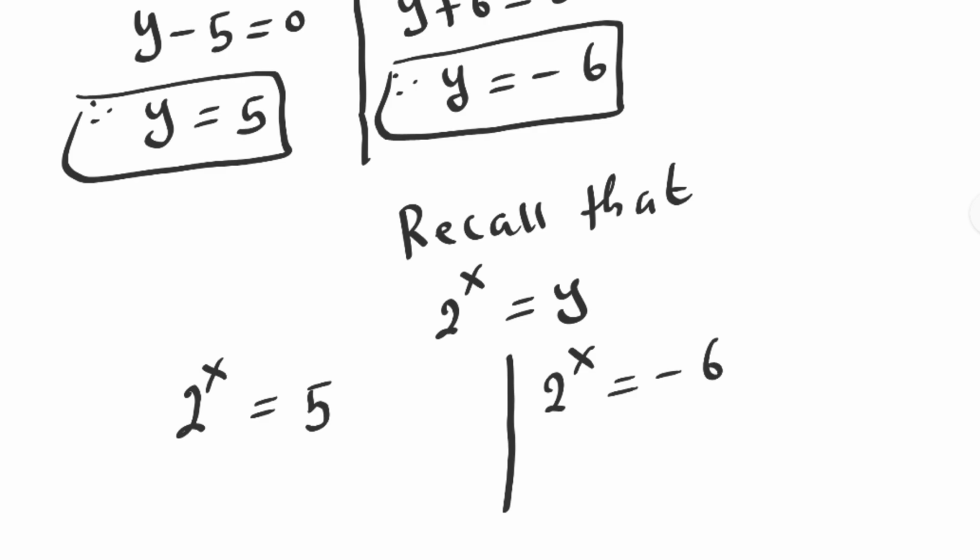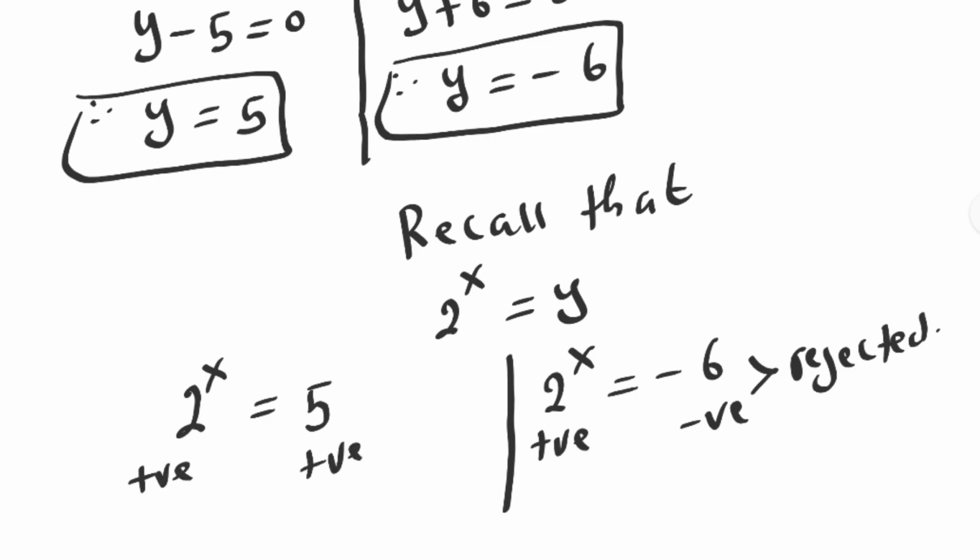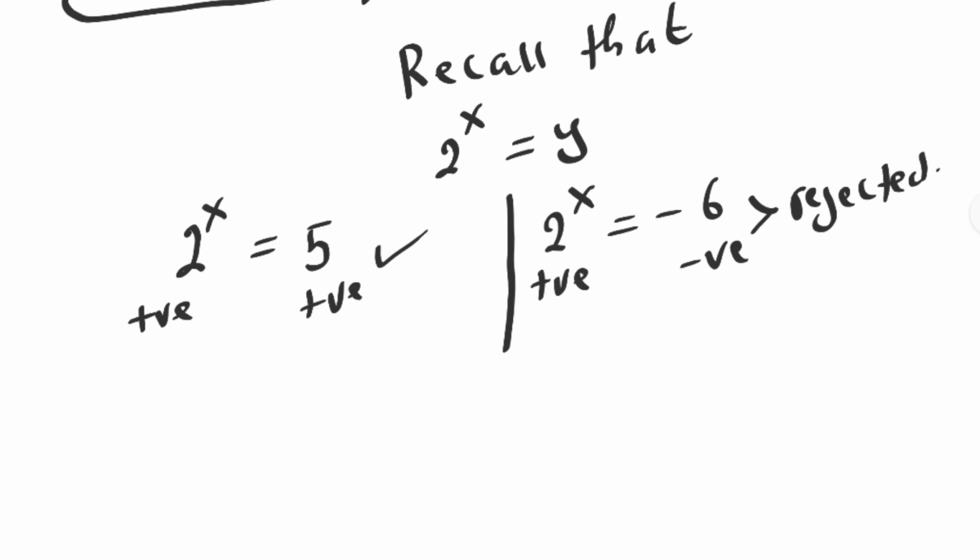But 2 raised to power x is positive, and minus 6 is negative, so this is rejected. But here, 2 raised to power x is positive, and 5 is positive, so this is accepted. Therefore, we have 2 raised to power x is equal to 5.